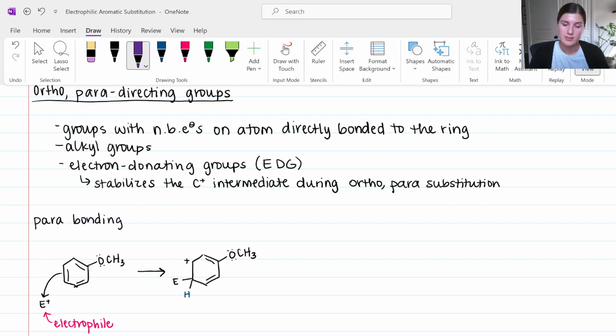Once we generate this carbocation intermediate, we can actually see that we can stabilize the intermediate by using these non-bonding electrons. They can create a double bond between the oxygen and the carbon in the ring, and then we can shift over a pi bond to fill the shell of that carbocation.